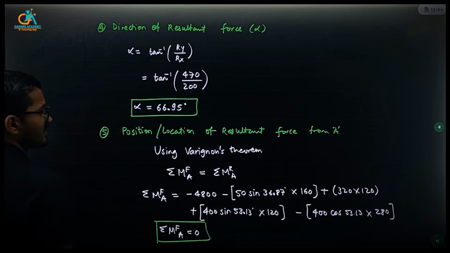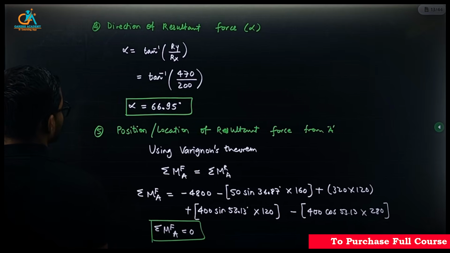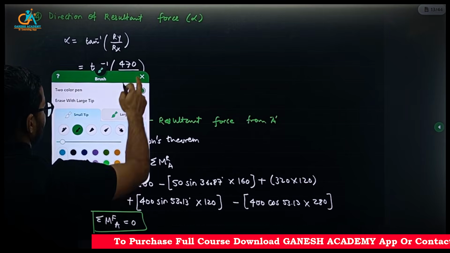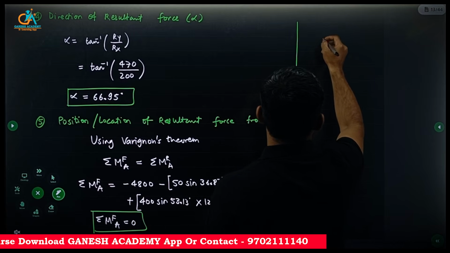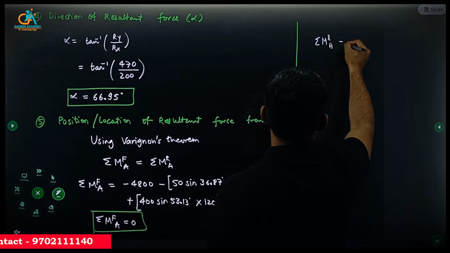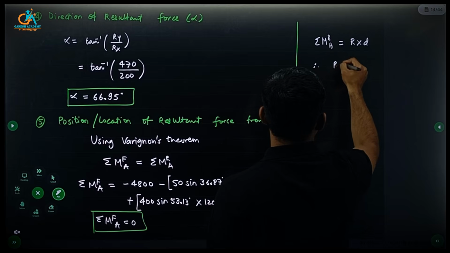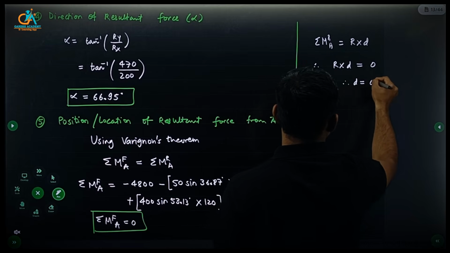And that simply means the moment of the resultant is also 0. So the moment of the resultant about A, which is R into D, we can equate with 0. That means D is 0.